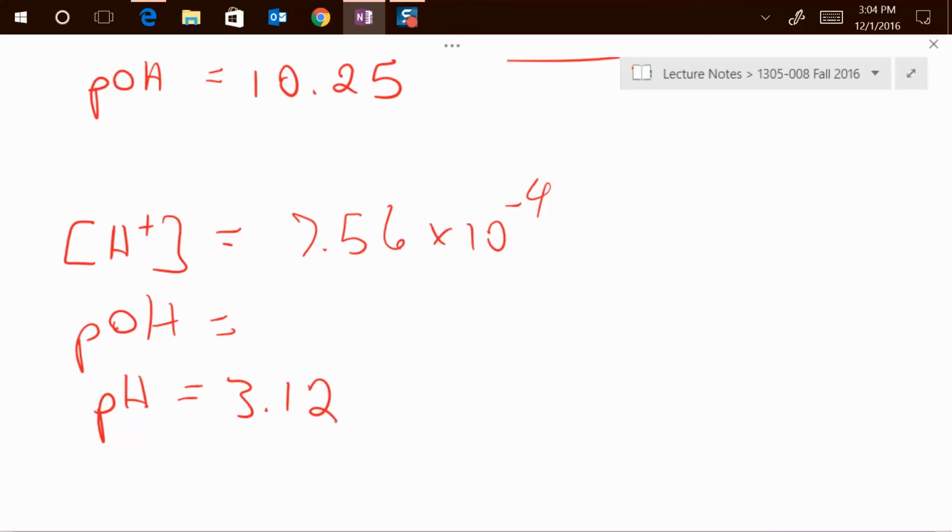A negative times a negative is a positive. So it's always a positive. This always calculates out to a negative log, and you drop the negative because you multiply it by a negative, and so it's a positive. Okay. Hit your log button, and then type 7.56 times 10 to the negative 4.